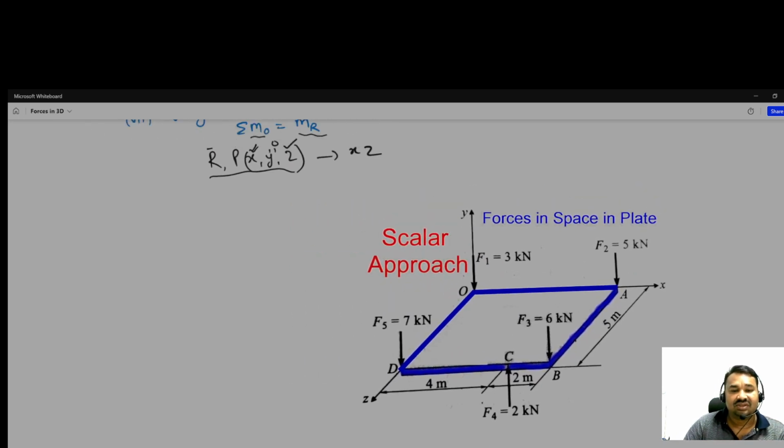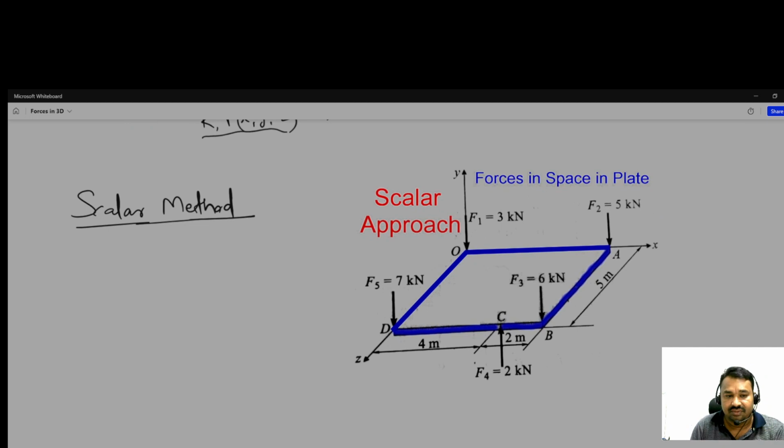The scalar approach is very simple. The scalar method we are going to solve. What we have to do first is find the resultant. All the forces except F4 are acting downwards.